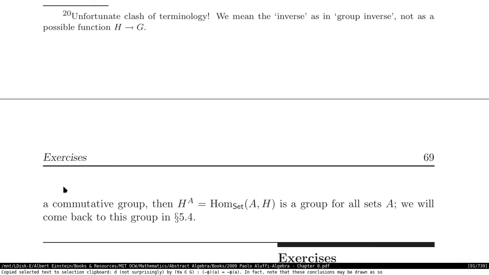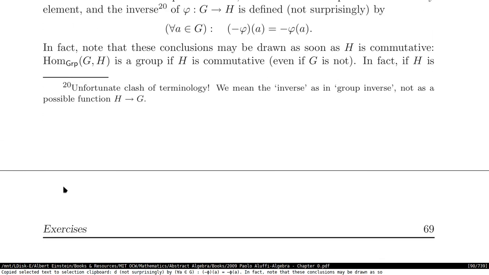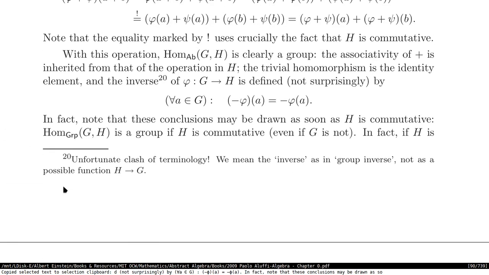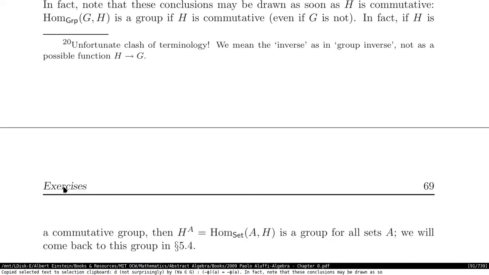But if H is commutative, then you can also have this in the category of sets, right? So H to the power A will give you the Hom set of all the morphisms from A to H in the category of sets, right?